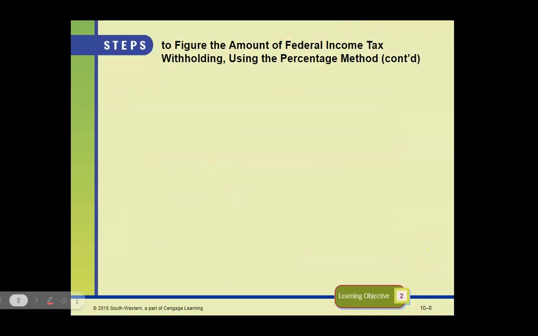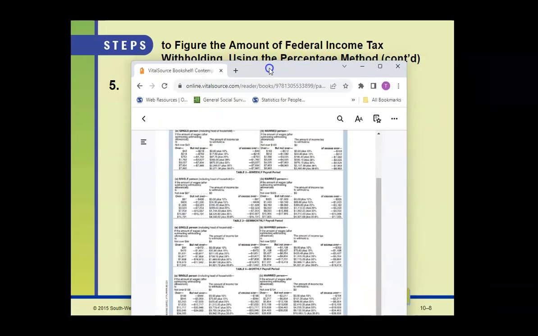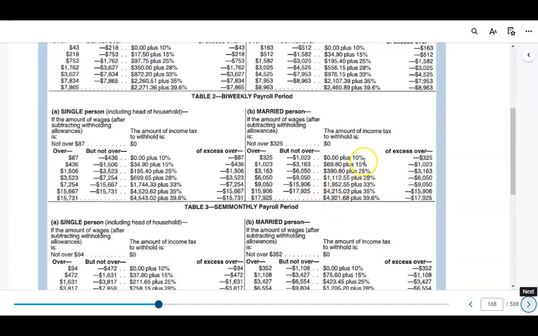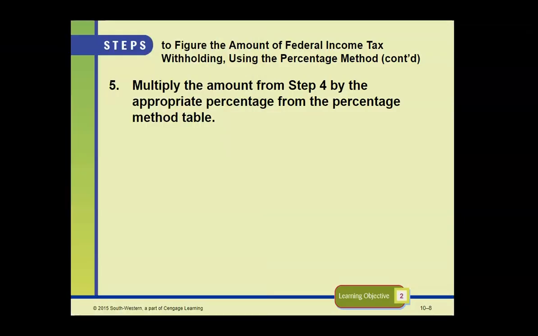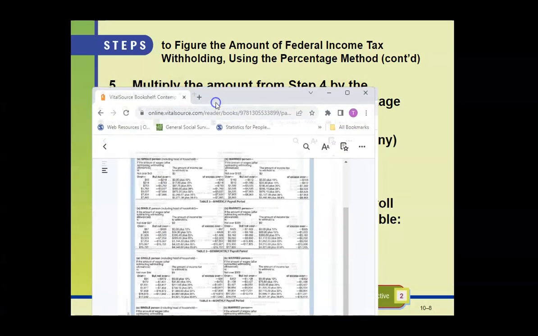Okay, after we calculate that, we then need to multiply that amount from step 4 by the appropriate percentage in the table, which would be 10% in this case. Okay, and then if required, add the base tax amount.